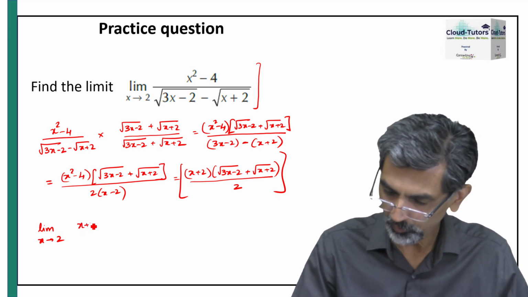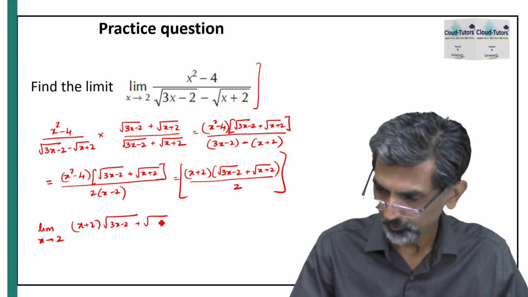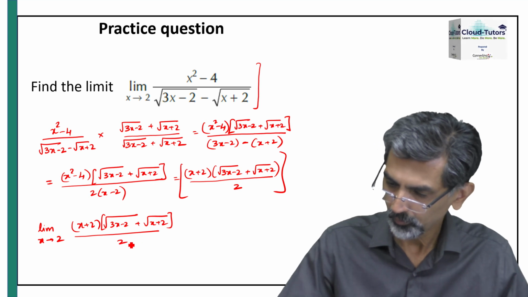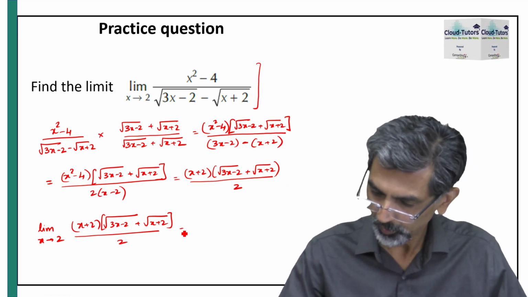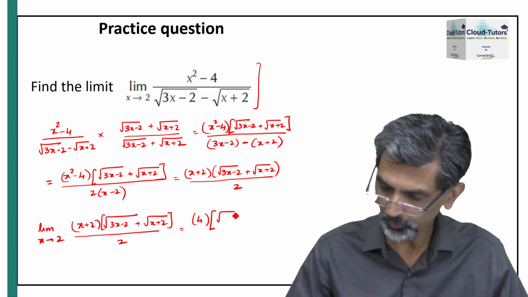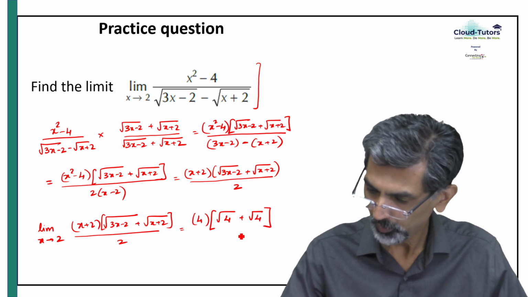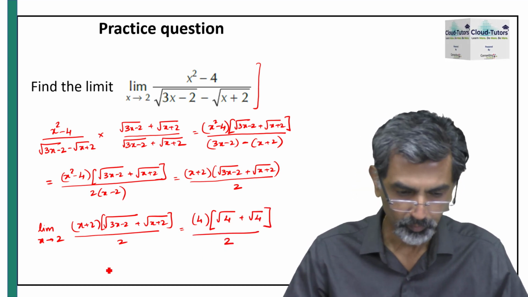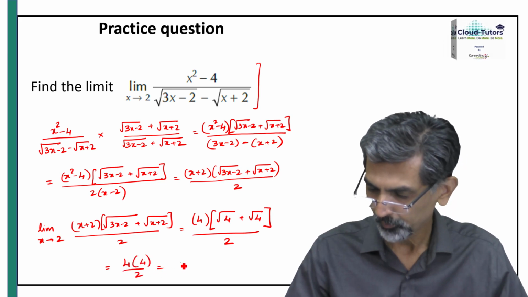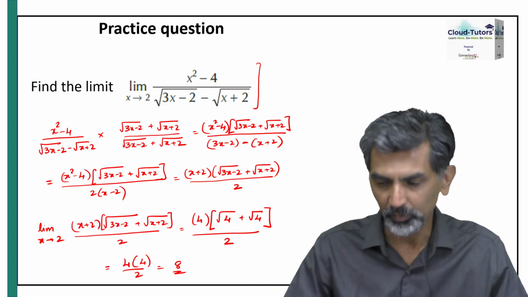So if I now calculate the limit, it becomes 4 multiplied by (square root of 4 plus square root of 4) divided by 2, and that is 4 multiplied. So a limit does exist and it is equal to 8.